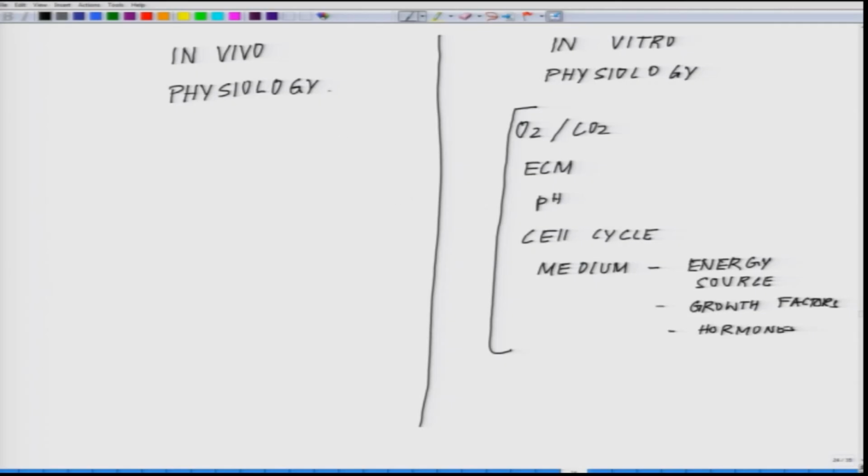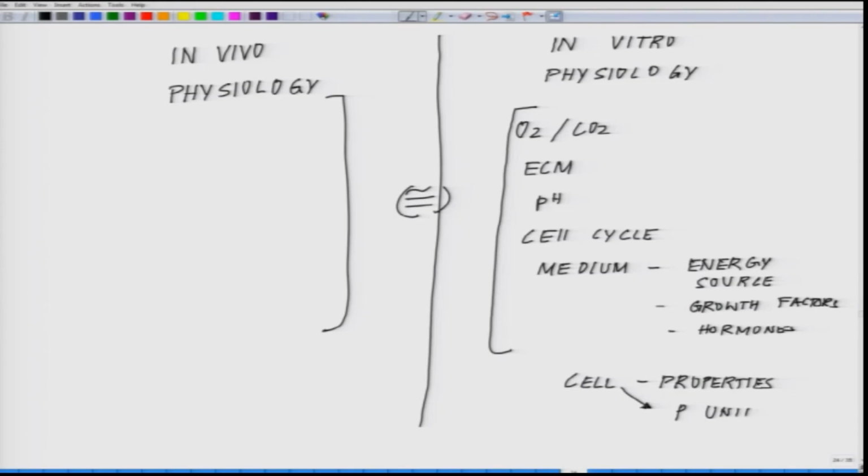Okay. Now, what is critical for you to know is after growing the cells in all these conditions, our goal is to come as close as possible, almost similar, almost congruent. Then what we have to do is, the properties of the cells which are growing here have to be evaluated. Say for example, this cell produces a certain level of activity of an enzyme. Say for example, it has an antioxidative enzyme capacity and it produces a P unit of it.